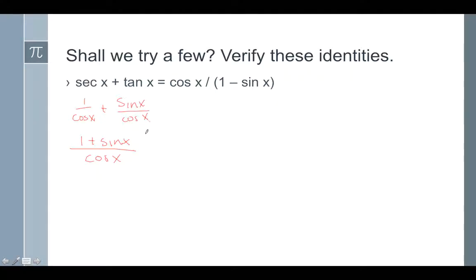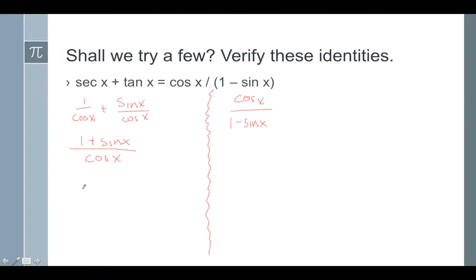Now, there is something really tricky that I could do to this side to make it look like the other side, but not everybody's going to be able to think of that. So here's one of those examples where I'm going to work with both sides of the equal sign. So I've done the left as far as I really can. So if I look at the right side now, I know cosine over 1 minus sine x.